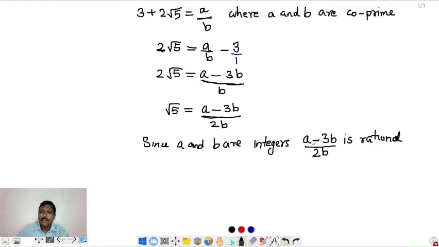So we got a minus 3b divided by 2b is rational. So you can say root 5 is rational.